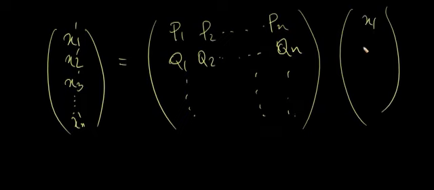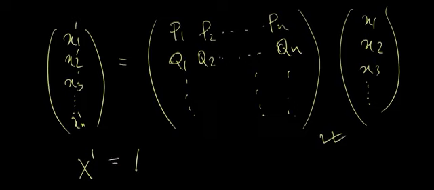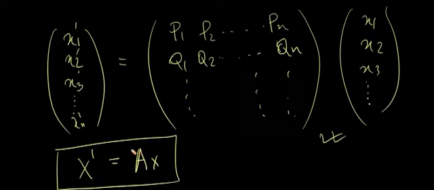And finally here you will have this x1, x2, x3, dot dot dot. This can be written in a compact notation: X prime equals A X. And this is familiar to you from linear algebra, and we will see how we can solve this in the next video.